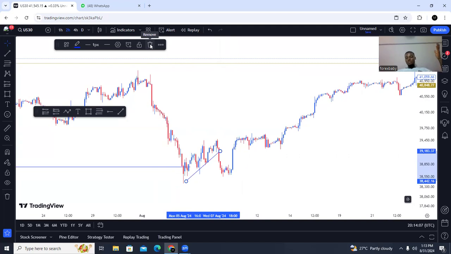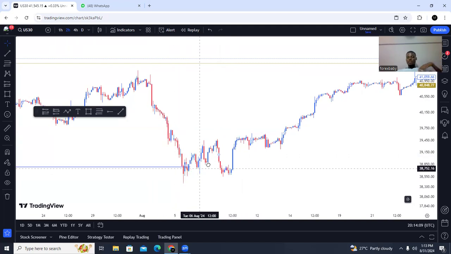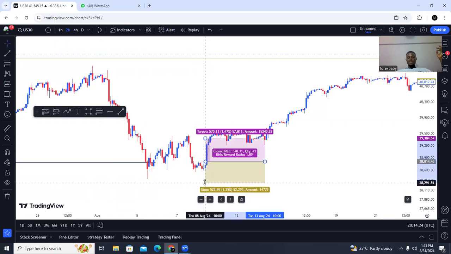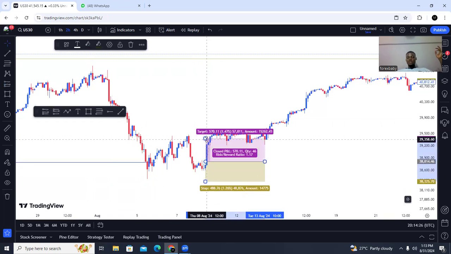But if I wanted to take it, I'd probably enter once I saw this double bottom here, at the break of this double bottom. So that is where I'd probably be entering. Then stops will be at the low and targets wherever I want.